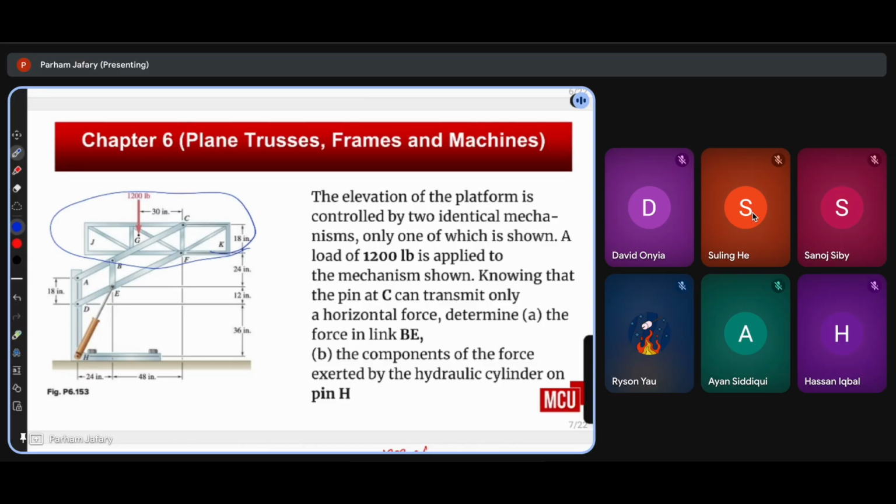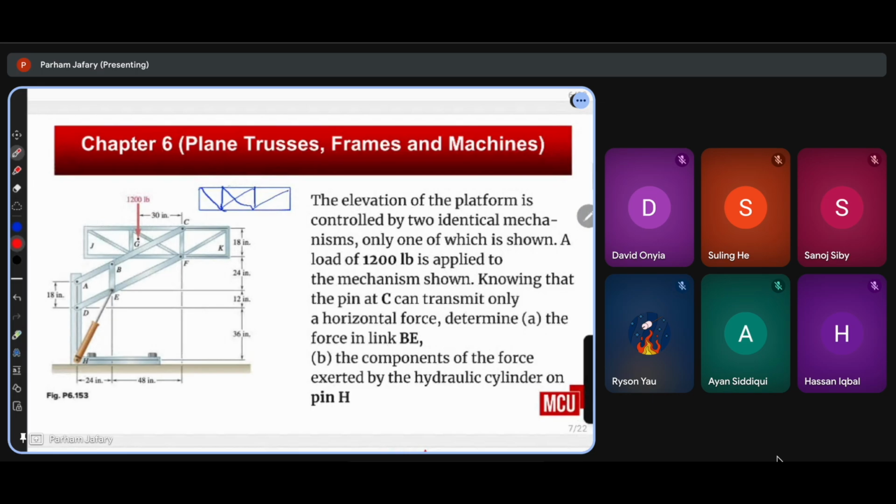Okay. What does that give you? If I isolate this, I have force acting here. Okay. And I have, let's see, these structures, right? So if I isolate this part, what does it give me?